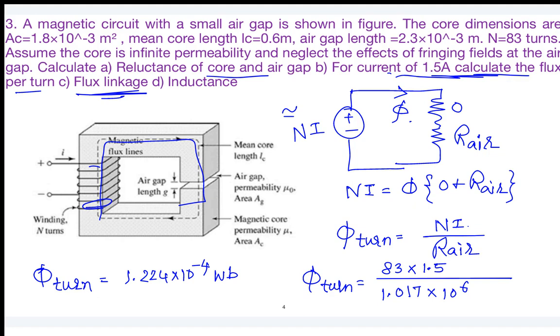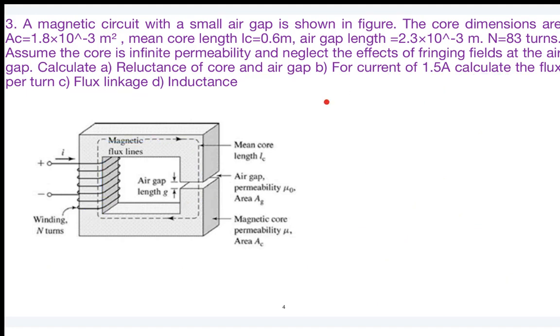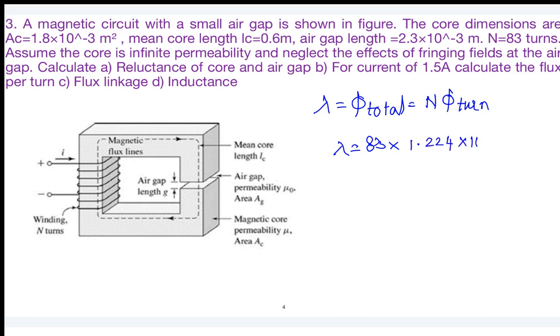So next, the total flux linkage, I already told you. It is the number of windings into the flux per each turn. So you can simplify that. What are you going to get? The number of windings will be 83 and the flux per each turn, you already got that value, 1.224 into 10 power minus 4.